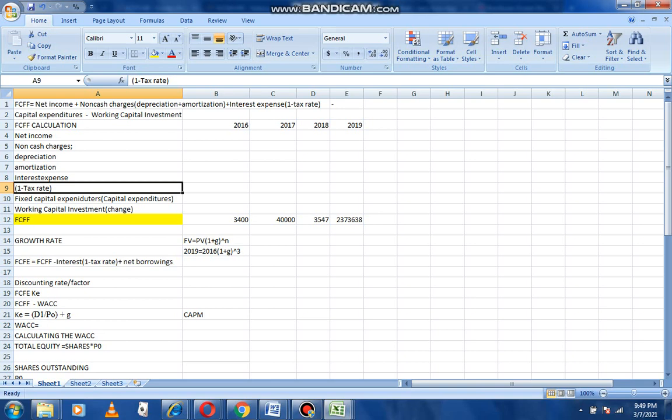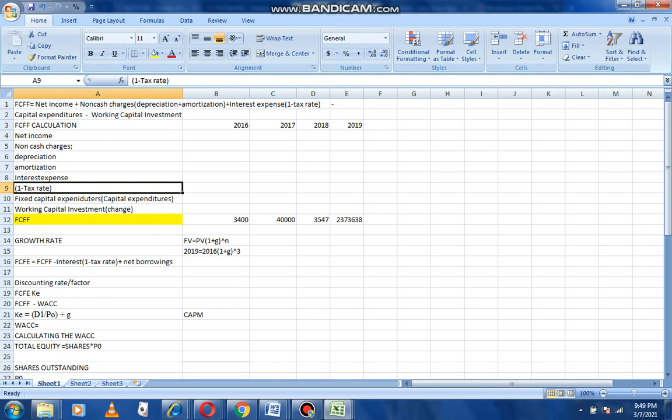In my example I have 4 years, so that is 3 periods. So the FCFF you got in 2019 equals the FCFF you got in 2016 times 1 plus g raised to 3. You solve this simple equation and you will have the growth rate.